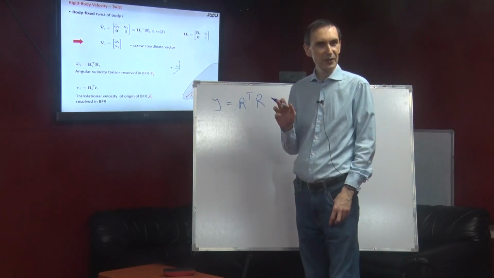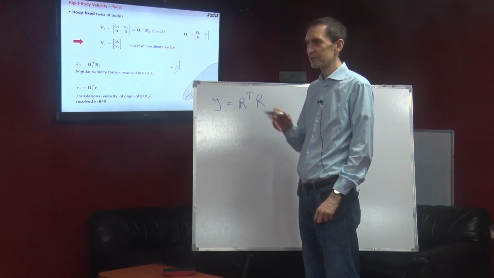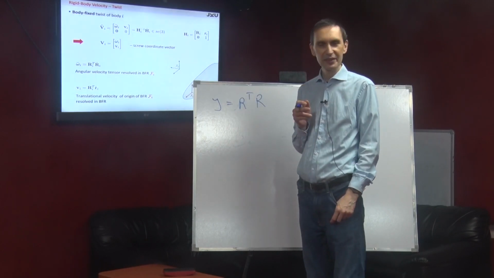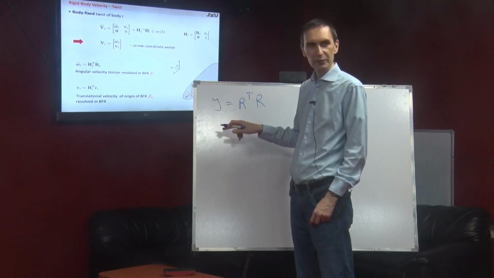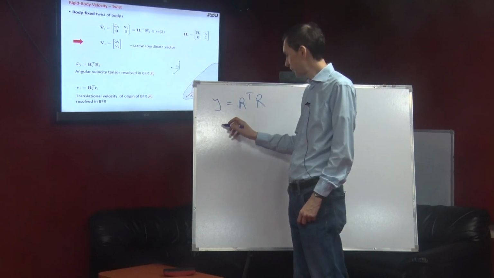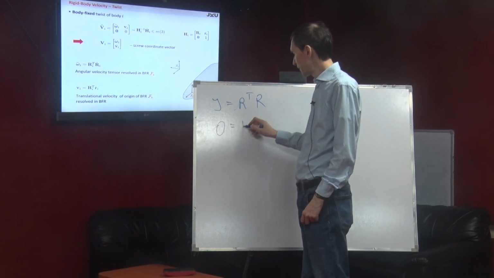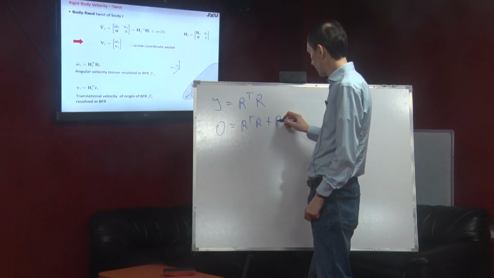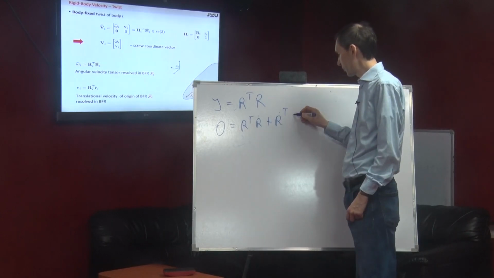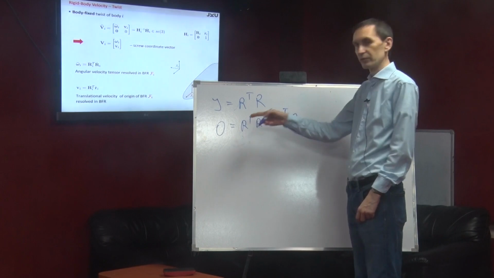And that's all I need to know. Then I know that the time derivative term is skew-symmetric. Because when you take the time derivative, the time derivative of a constant matrix, the identity matrix, is 0, right? So R transposed R dot plus R dot transposed R is 0.